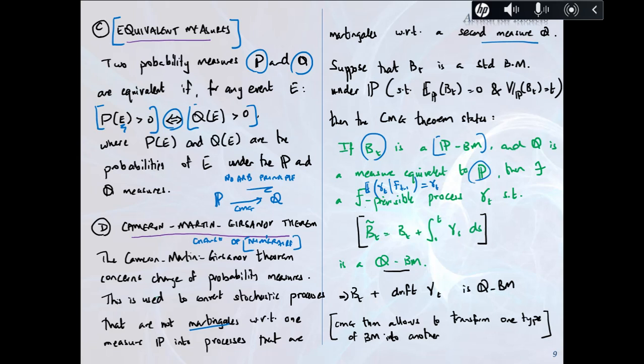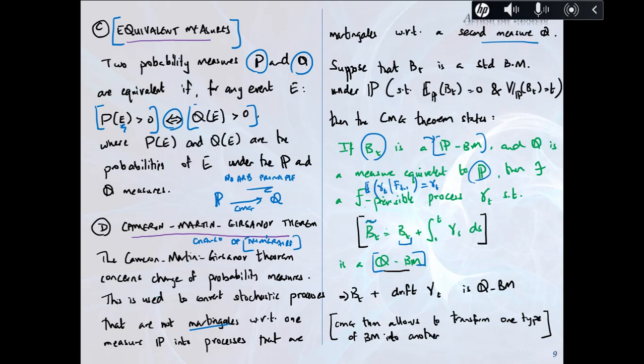Such that Bt tilde, the new Brownian motion being defined here, is equal to the Brownian motion under P here. That new Brownian motion is in fact defined with the probability measure Q. So we are changing the probability world in order to have the Martingale property held.